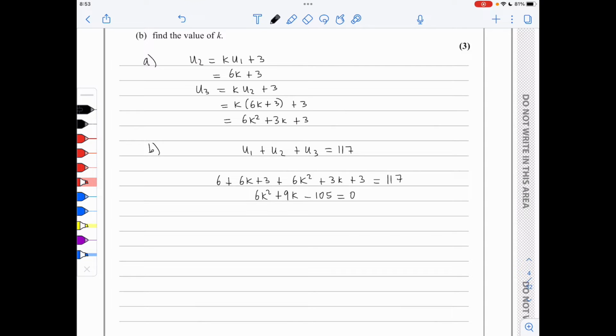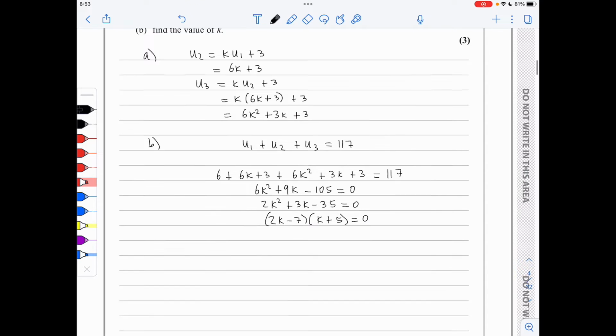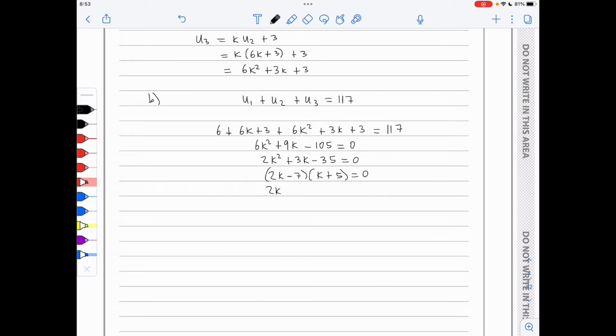I will divide everything by 3 to get 2k² + 3k - 35 = 0, which factorizes into (2k - 7)(k + 5), which gives rise to two possible values for k. Either 2k - 7 is 0 or k + 5 is 0.